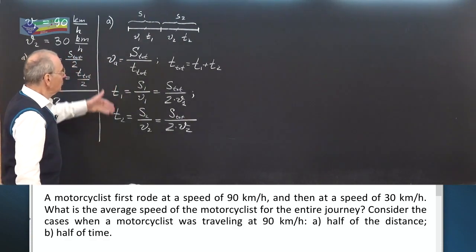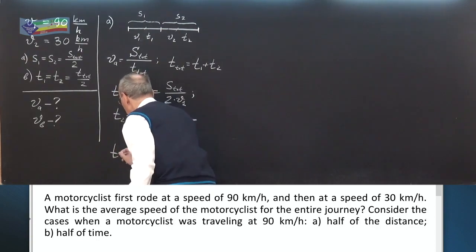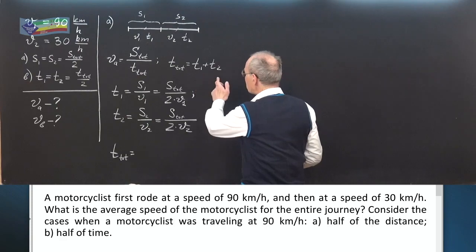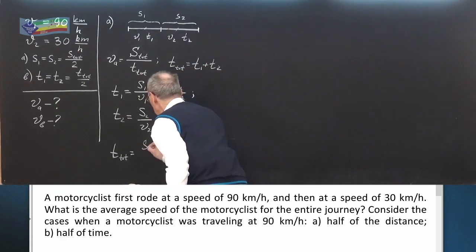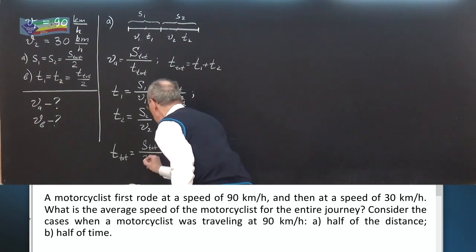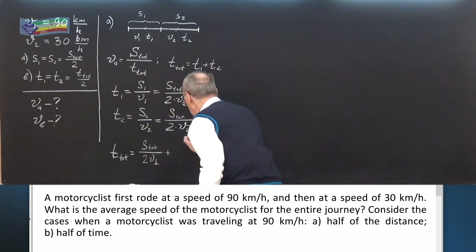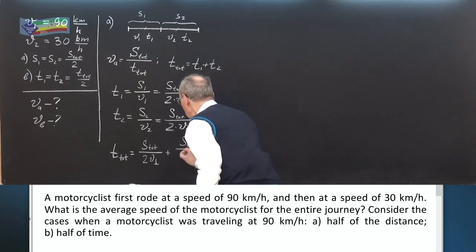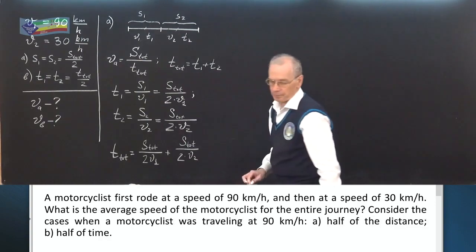So the total time is T total equals T1 plus T2. T1 is S total over 2 times V1 plus S total divided by 2 V2.